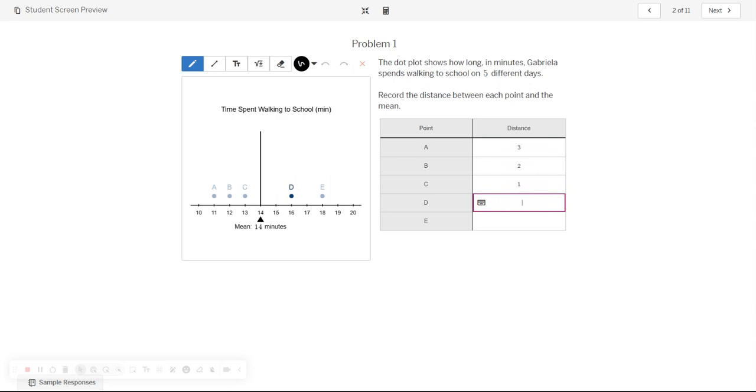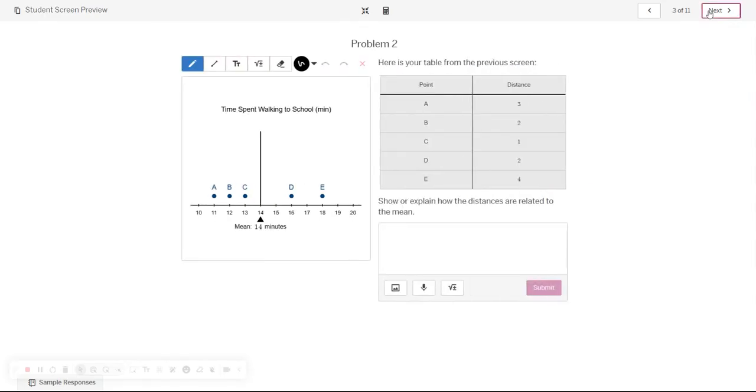On the other side, 16 is 2 away, and 18 is 4 away, and yes, that should be correct. I got 6 on one side and 6 on the other.